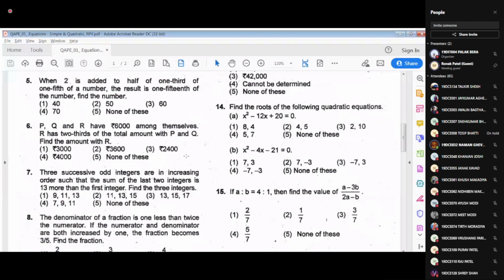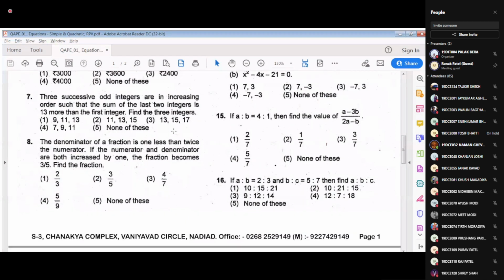Okay, sorry. So 14b, that is plus 7 minus 3, right? So can you try with number 15, everybody?